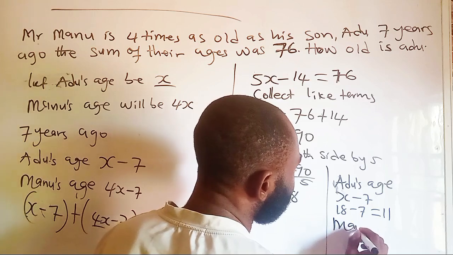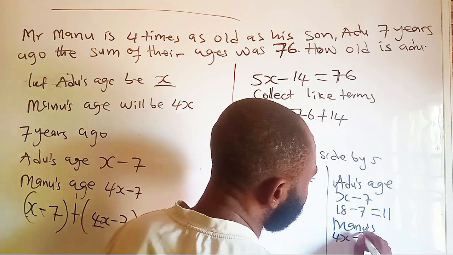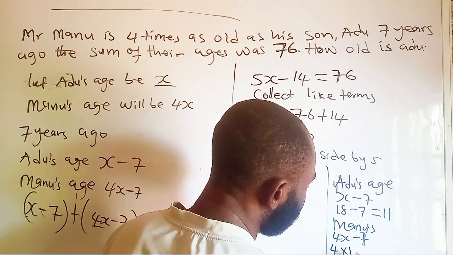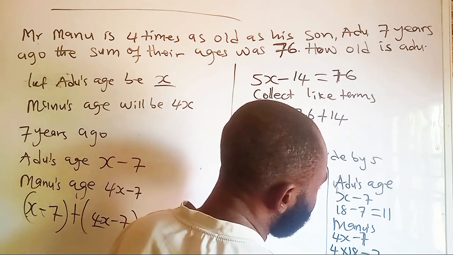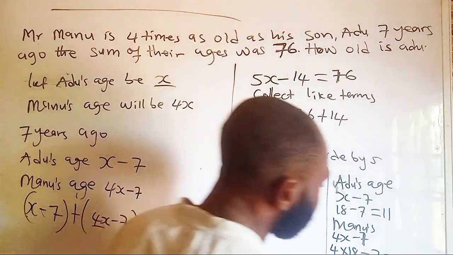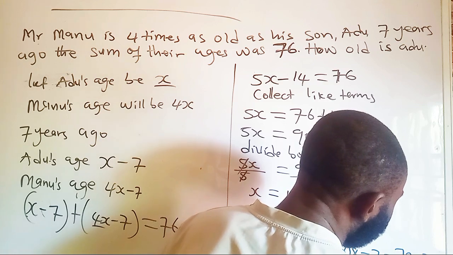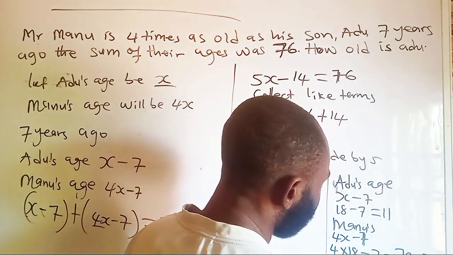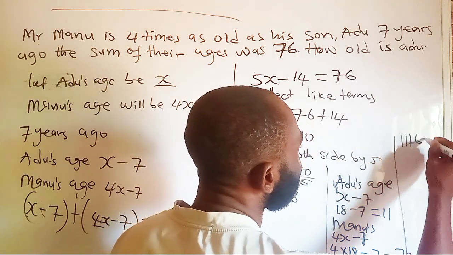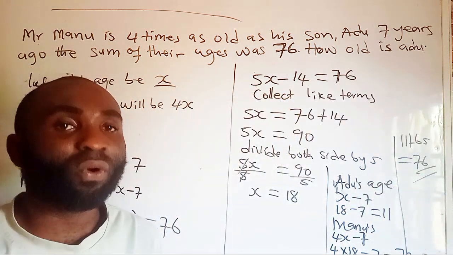Then Manu's age, which is the father, that is 4x minus 7, which means 4 times 18 minus 7. 4 times 18 is 72. 72 minus 7 will give us 65. So when you do 11 plus 65, that will give us 76. So which means we are correct.